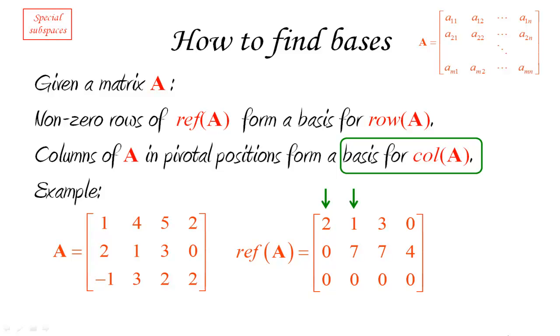Remember, we may have gone totally outside of the column space. What we want to do is go back to the original matrix and find the two corresponding columns. The first two columns had pivots in them, so we'll look at the first two columns in the original matrix. Those two will always turn out to be independent, and they are enough. They provide us a basis for the column space of A. Again, when it comes to figuring out these bases for the column space of A, it's not very intuitive.